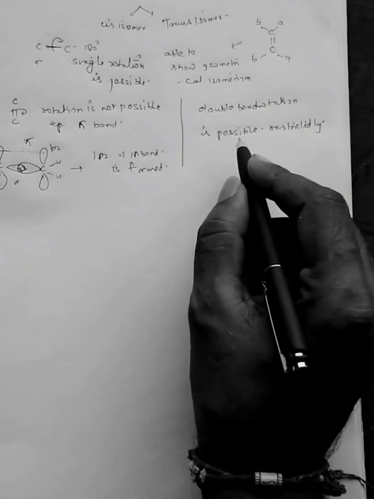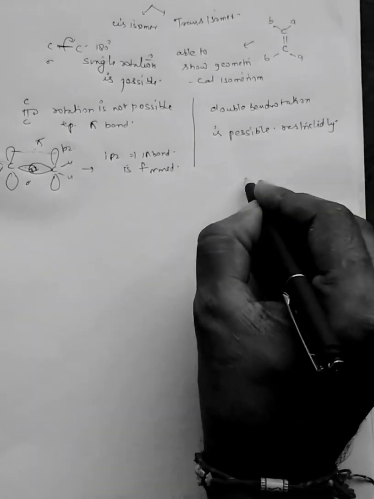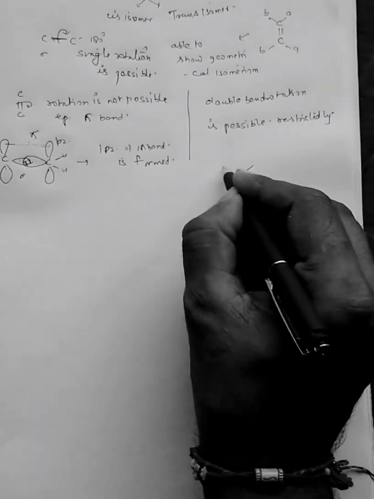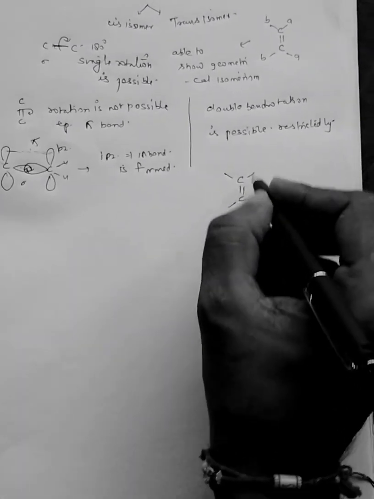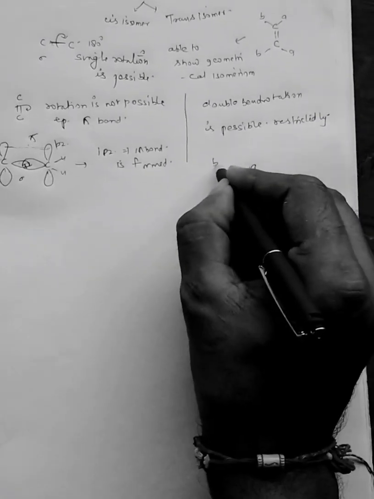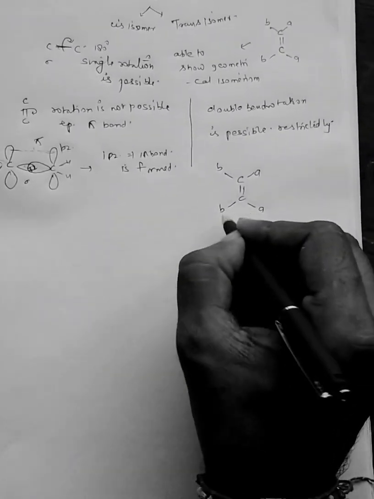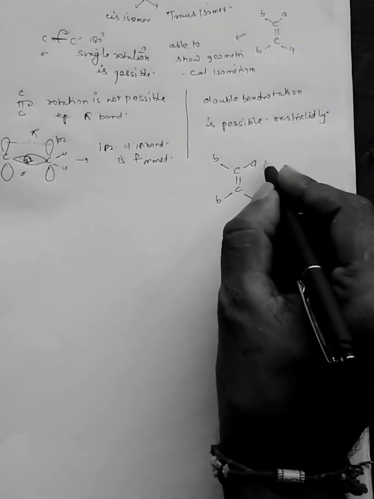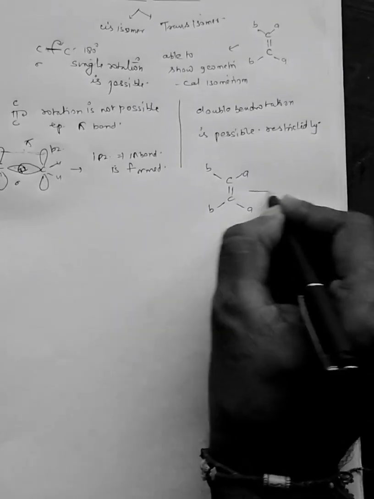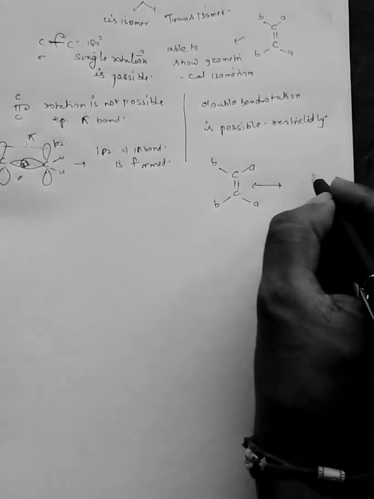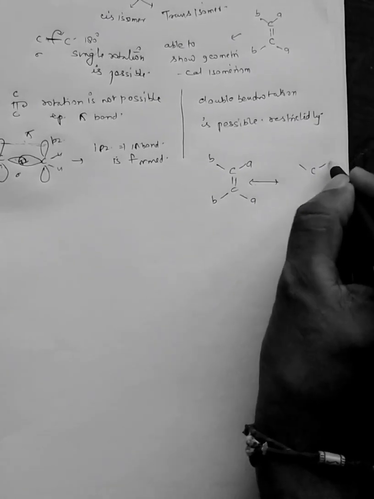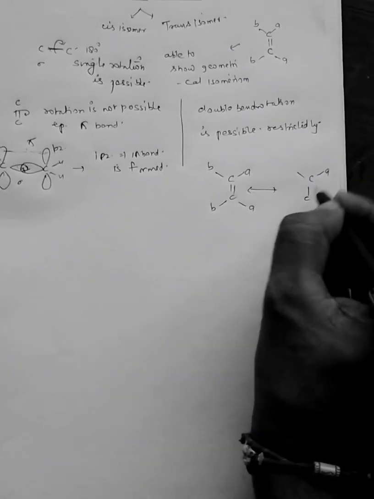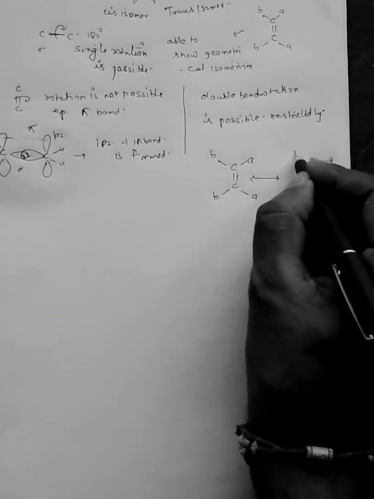And due to restricted rotation, this is A, this is B, this is A, this is B. So you can rotate this restrictedly, and two forms are possible. One should be like that, and the other will be anti.